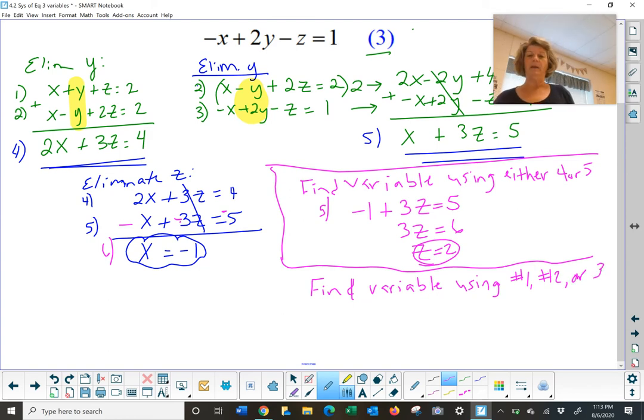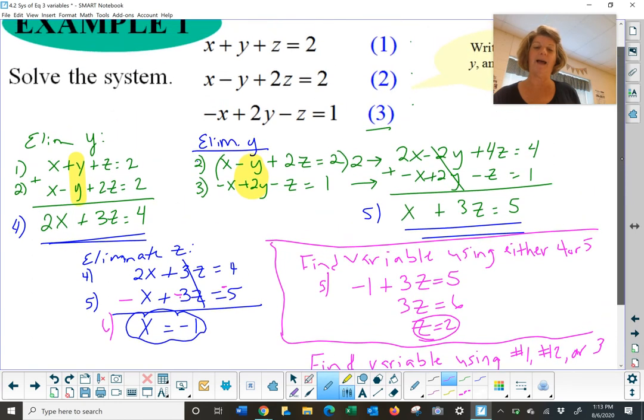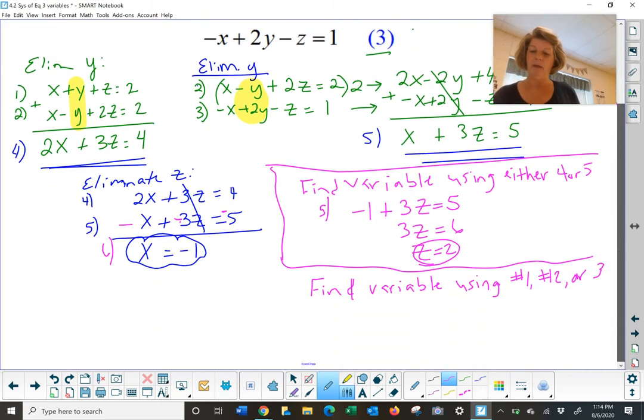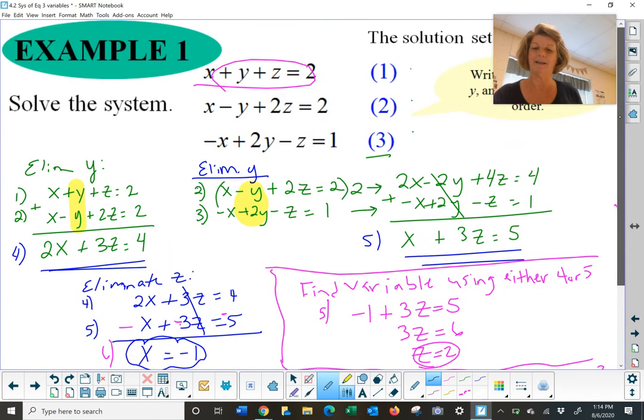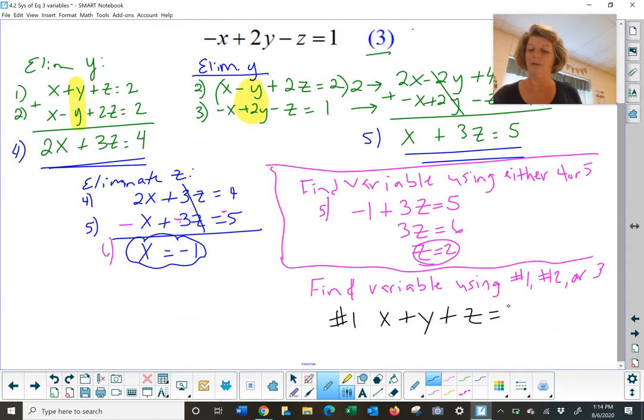Your choice. I'm loving number 1: x plus y plus z equals 2, mainly because I can remember writing it down. Going into equation number 1, x plus y plus z is equal to 2.